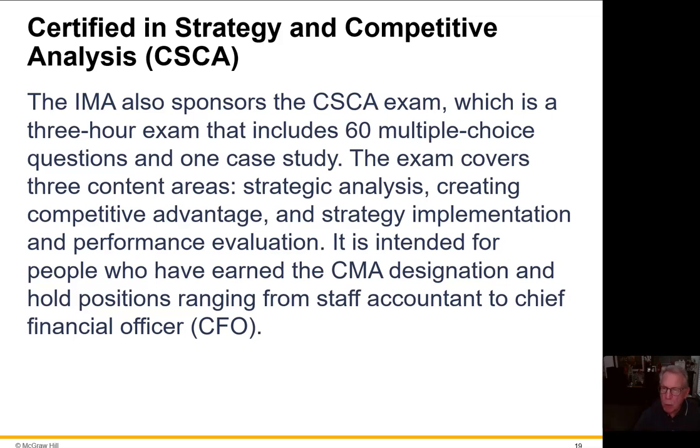The exam covers 3 content areas: strategic analysis, creating competitive advantage, and strategy implementation and performance evaluation. It's intended for people who have already earned their CMA designation and hold positions ranging from staff accountant to chief financial officer, CFO.